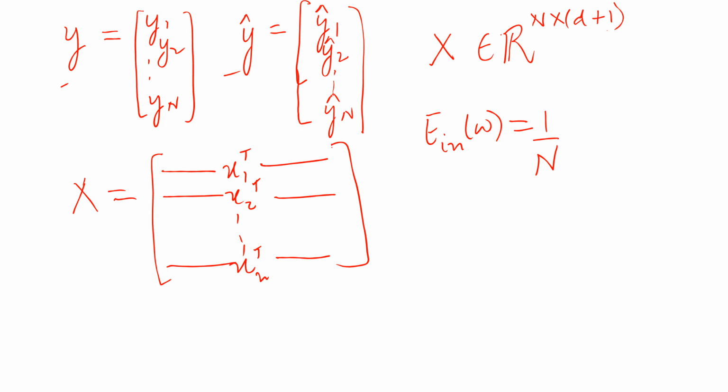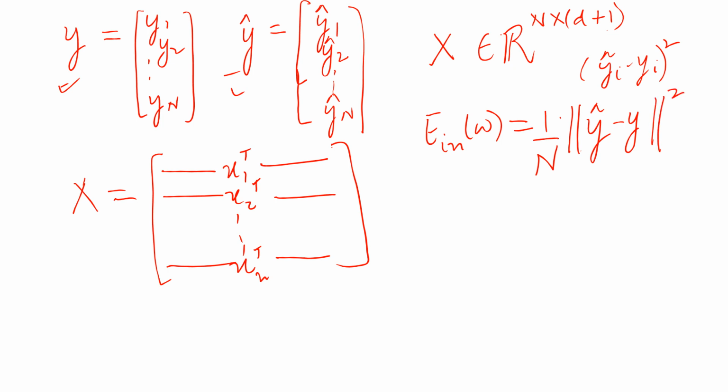If you remember from linear algebra, any such quantity like yi hat minus yi squared can be written as a Euclidean norm squared, which is equal to this squared difference. So that's exactly what I'll be doing. It's a more compact way of writing it, so I'll write the norm of y hat minus y, squared.